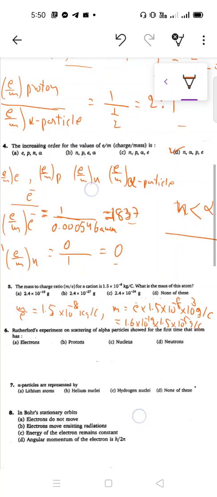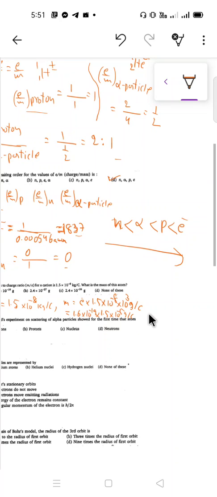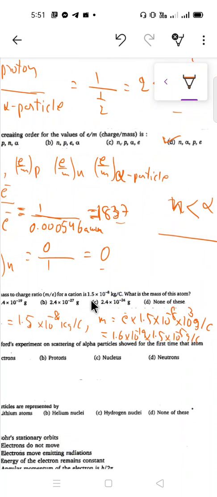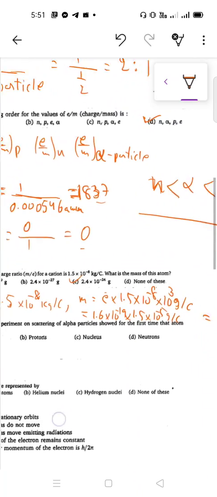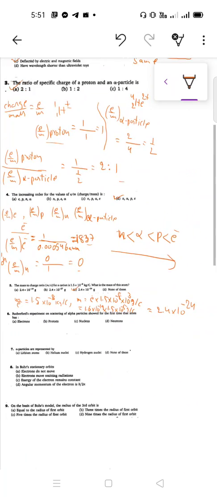So then you can get the value 2.4 into 10 to the power of minus 24. This is the way you get minus 24. C is the answer: 2.4 into 10 to the power of minus 24.